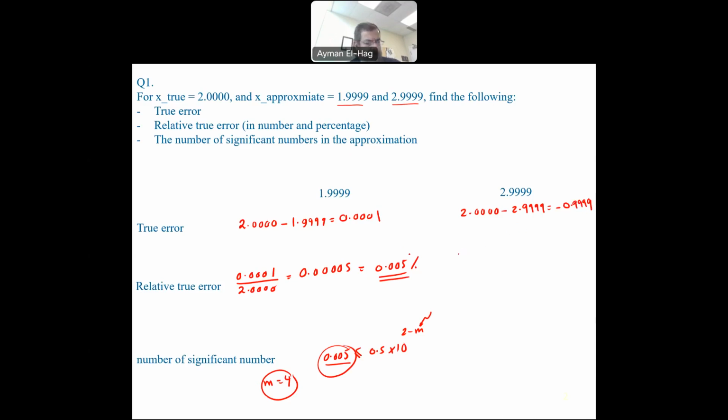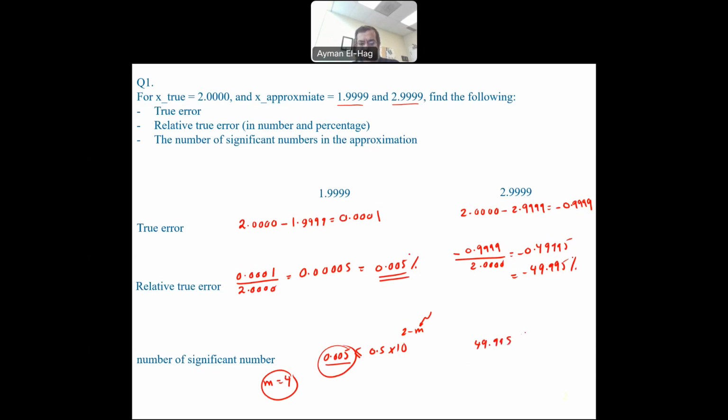The relative error is minus 0.9999 divided by 2.0000, and this will give us minus 0.4995, which is equal to minus 49.995%.